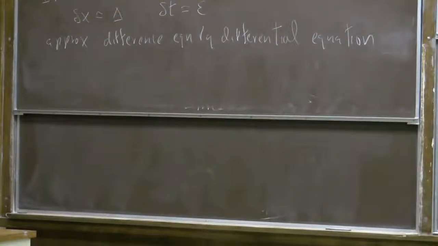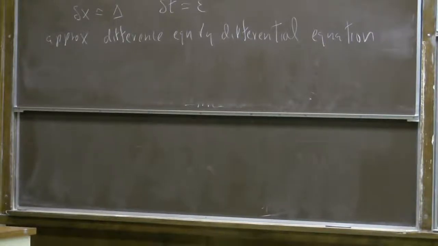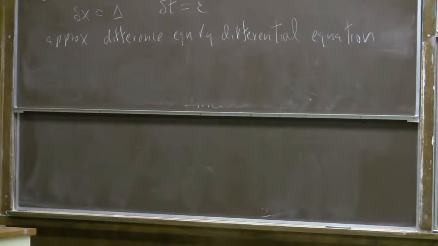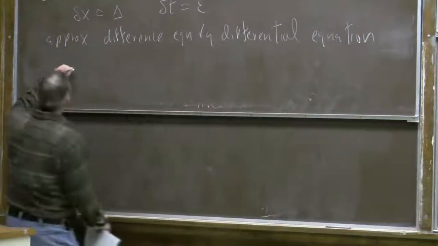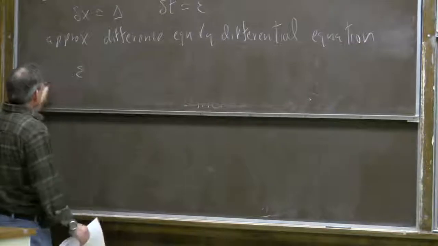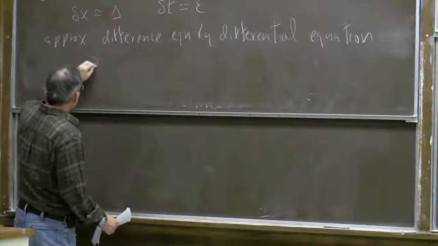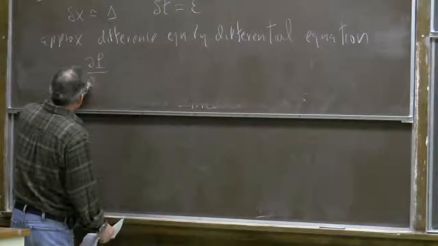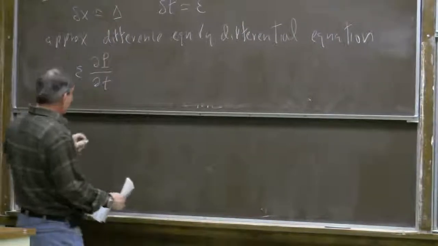That is, I will think of this difference as being the elapsed time in one time step, which is epsilon, times the derivative of the probability distribution at site S, or at some particular position x, with respect to time. So the left-hand side becomes the partial derivative of the probability distribution with respect to time times the time step epsilon.